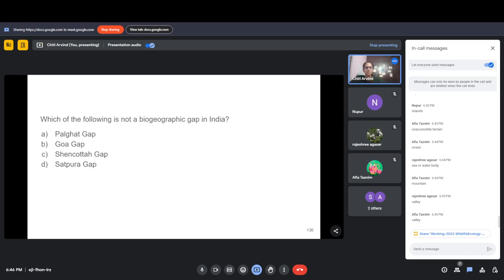So you don't need to worry about the Satpura Gap because it actually does not exist. Okay, so now I hope this was clear to everyone and hope the concept of biogeographic barriers itself is clear.